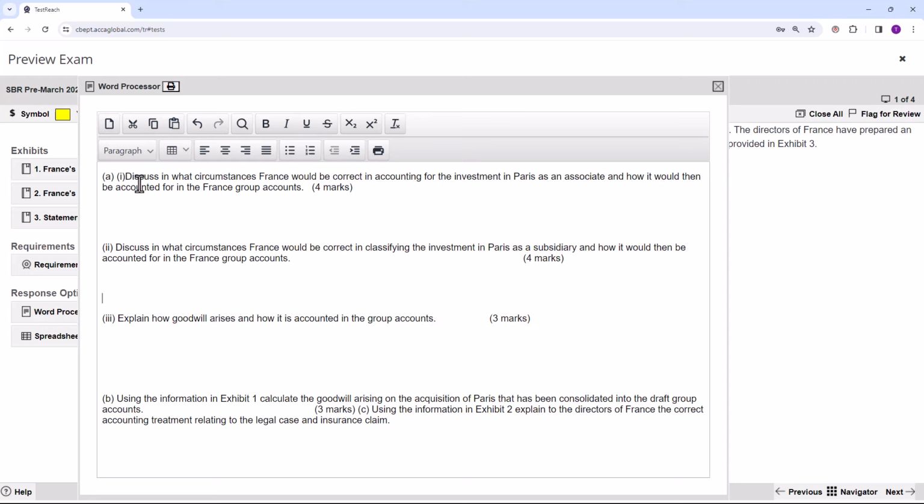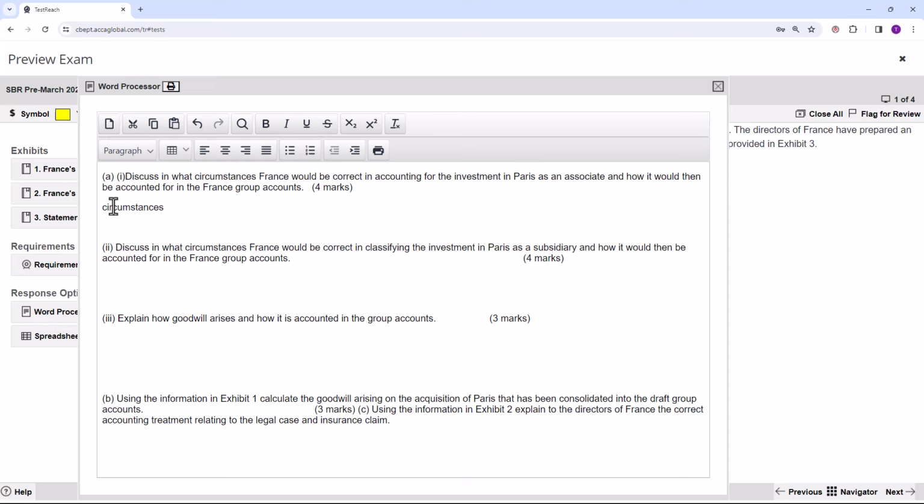We must answer the question set. Let's start at the beginning. Discussing what circumstances France would be correct in accounting for the investment in the associate and how it would then be accounted for in the France group accounts. The most significant word there is "and," because that splits the requirement into 2. The first requirement is to discuss the circumstances that it would be correct to have it as an associate.